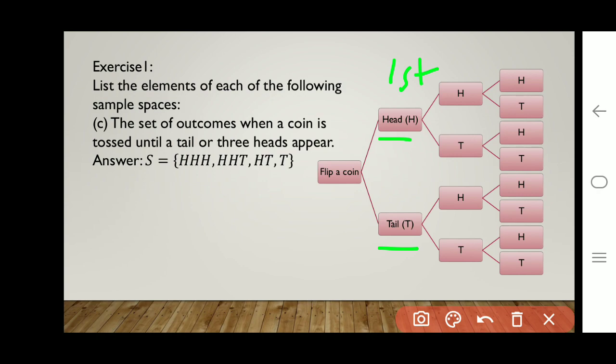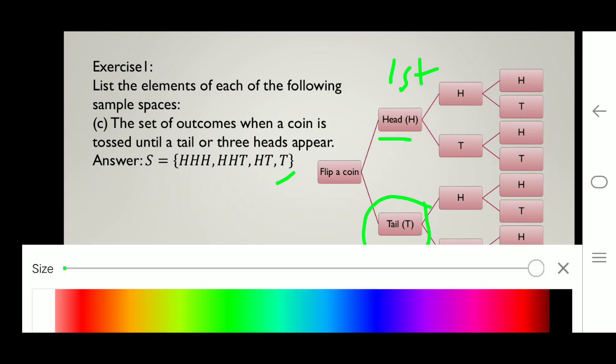So, let's say, ang lumabas dun sa first toss natin is tail. Ang mangyayari, stop na siya. Kapag may lumabas ng tail, di ba, stop na siya. So, ito na yun, tail. Ito na yung isang possible outcome.